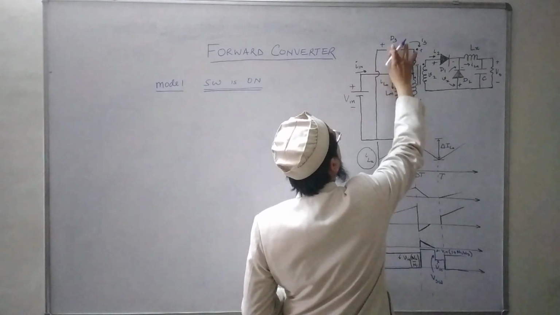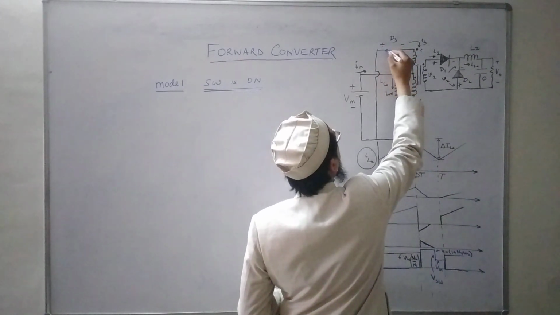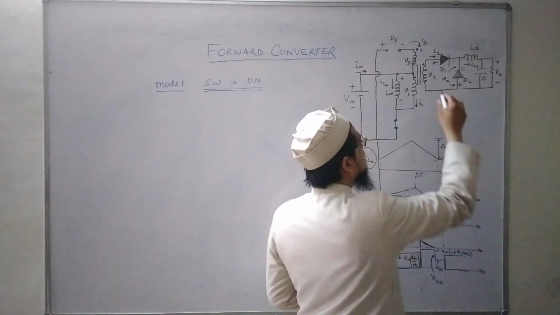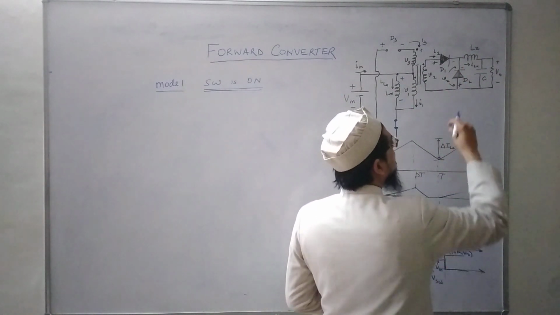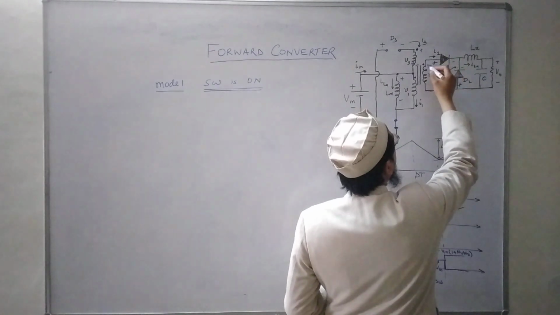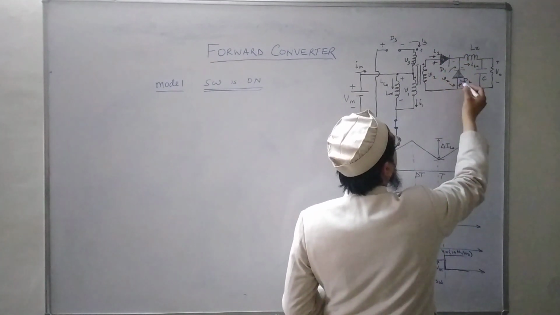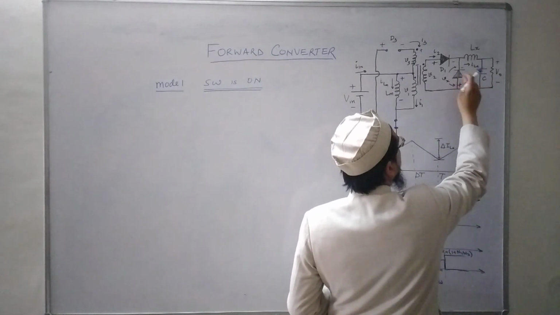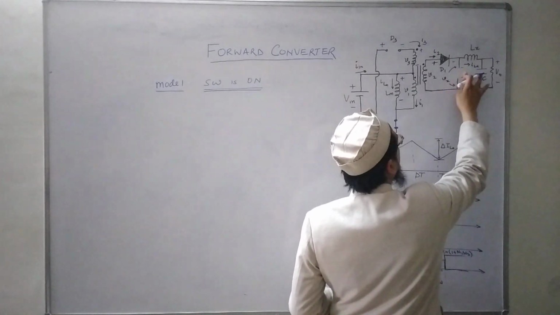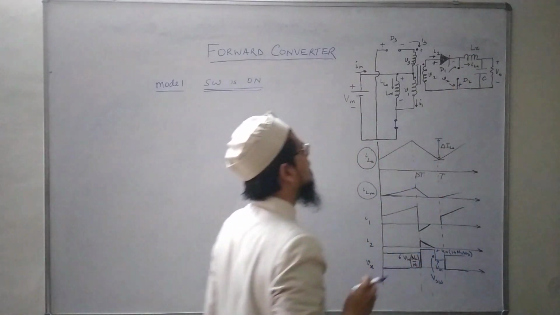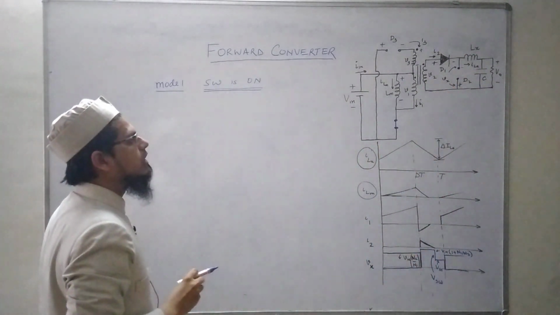So let me remove the diode from here in mode 1. Similarly, on the secondary side, the diode D1 would be conducting while D2 would be reverse biased. So let me remove D2 from here in mode 1. So this is the equivalent circuit in mode 1.